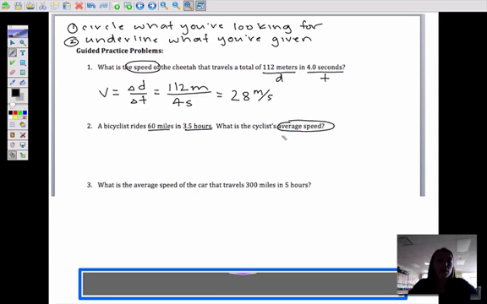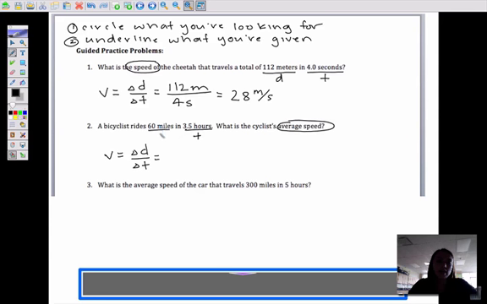So I'm looking for speed again. So I can actually just look up to the problem above here and say, okay, I'm going to use the same formula. So velocity or speed is equal to the change in distance over the change in time. My distance, if I look back to my problem, I need to figure out which one's which. Well, I know hours is a unit of time, so I'm going to assume this is my time unit.